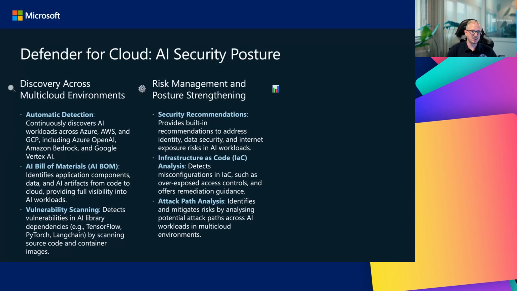So if you've got resources which are running in both Azure and AWS, and there's an attack path which links those environments together, then Defender will light that up for you.